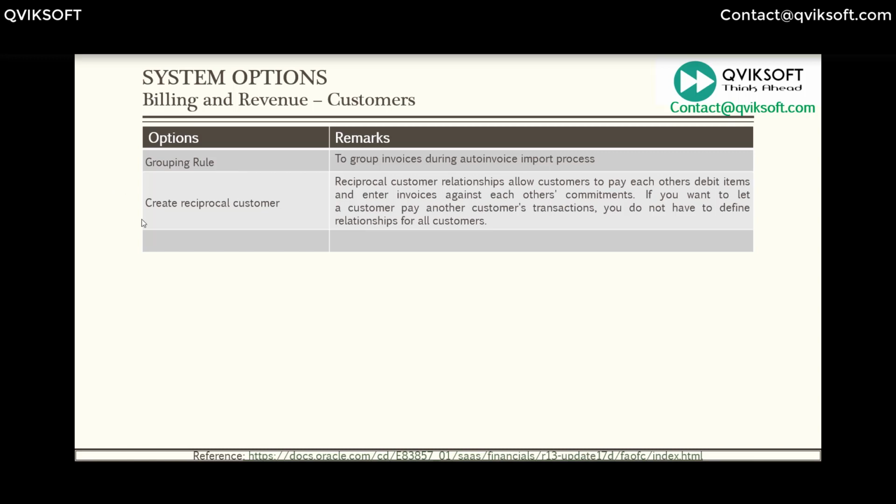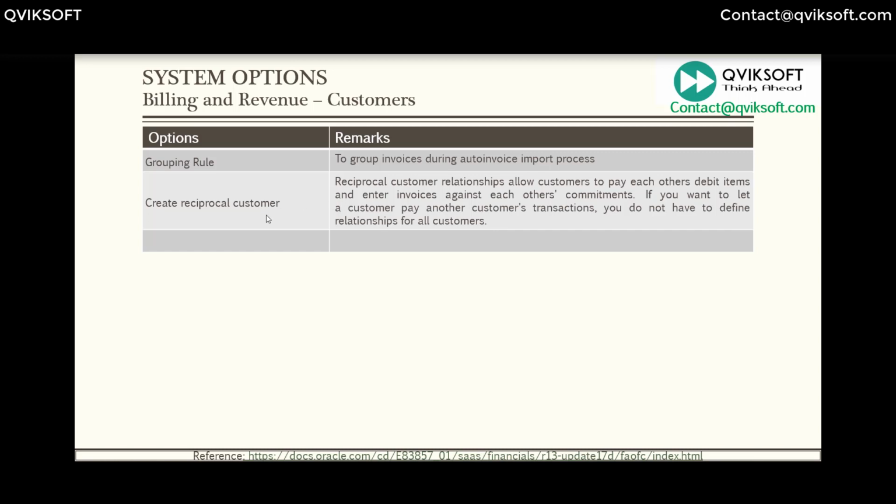Also, create reciprocal customer. If you create a reciprocal customer relationship, it will allow customers to pay for each other's debit items. Typically this option is not used because you don't want people to start creating receipts against the wrong customer's invoices by mistake. The better control is defining a customer account relationship, which you will learn in the customer chapter, so that only related customers can make payment for each other's invoices.